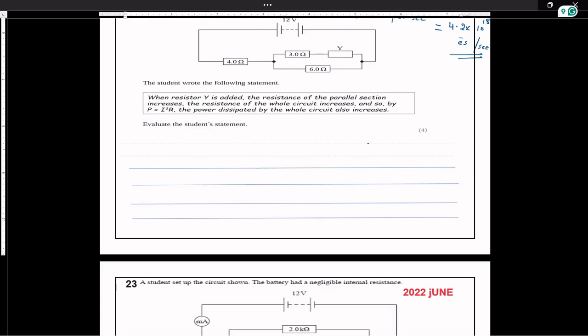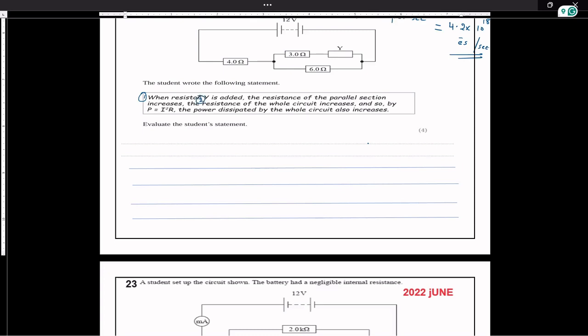Therefore, I squared R, the power dissipation increases. Evaluate the student statement. So let us see one by one. Statement number 1: when resistor Y is added, the resistance of the parallel section increases. Statement number 2 is the resistance of the whole circuit increases.